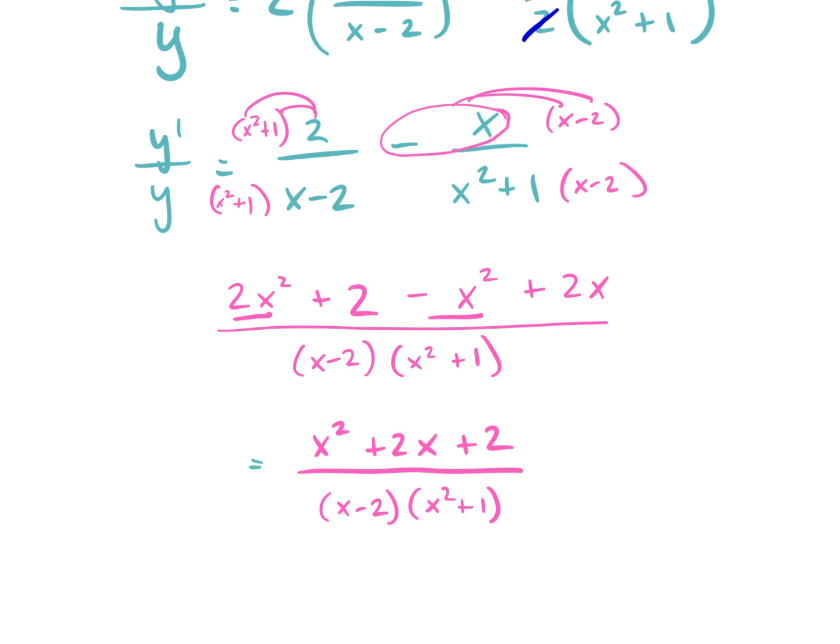So this is equal to y prime over y. Any questions here? So now that we got it to be one fraction, what should we do next? We want to multiply both sides by y. Perfect. So I'm going to multiply both sides by y.